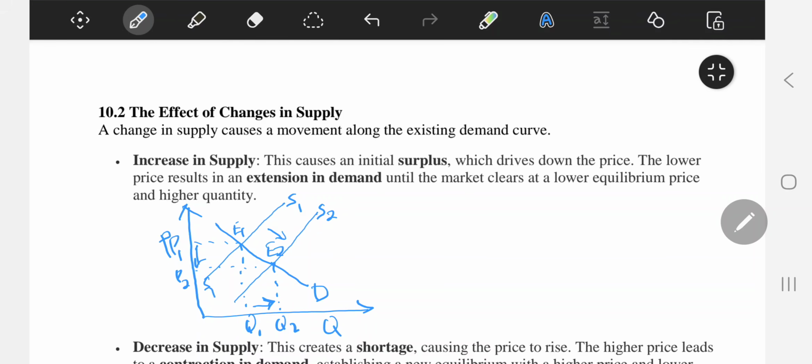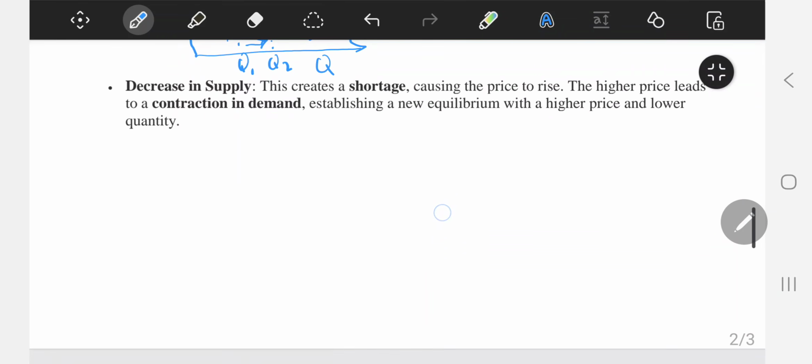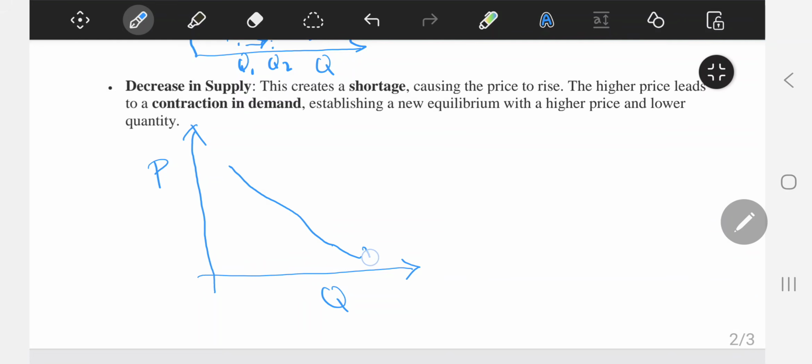And the opposite is going to happen if there's a decrease in supply. So for example, in case the government introduces a certain tax that affects costs of production, therefore making production expensive, again the supply curve is going to shift, this time to the left. So let's call this S1, and let's have this as the quantity 1, and let's have this as the price 1.